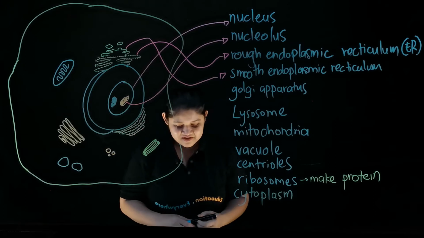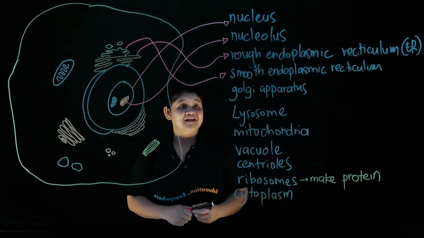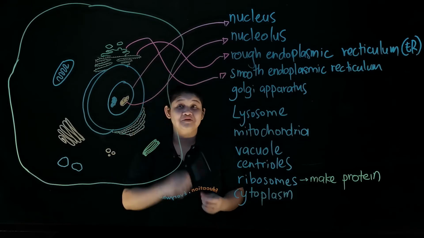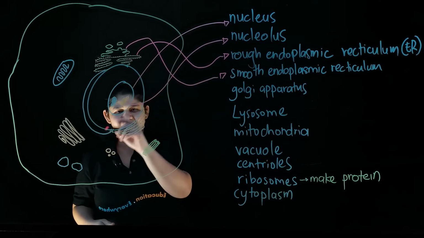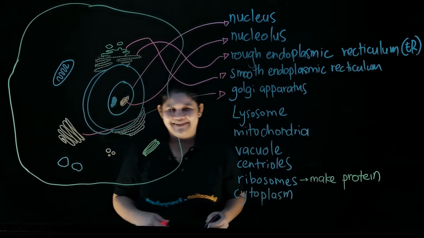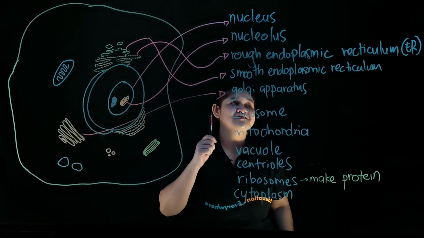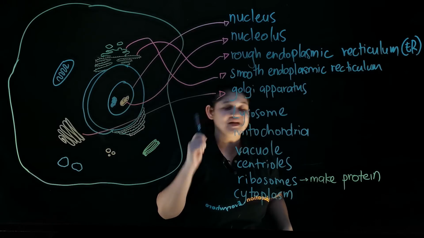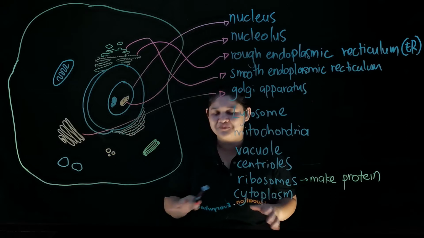The next organelle we're going to look at is very important. Not as important as the nucleus and mitochondria, but important: the Golgi apparatus. Since the MCO, you guys love shopping online.